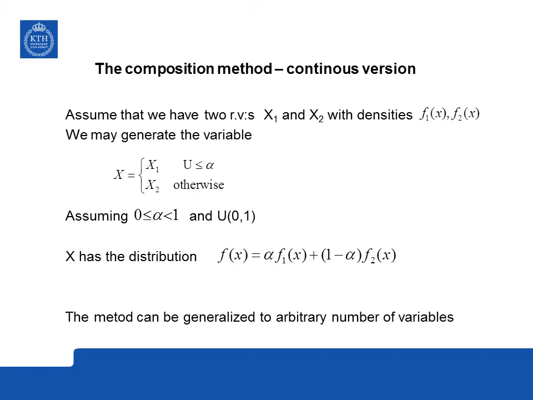And the distribution, again, is now the weighted sum, not of the probabilities, but of the densities. And again, we can generalize this to an arbitrary number of variables. This is a good way if we can see that the wanted density f_X can be composed out of component densities in this way.